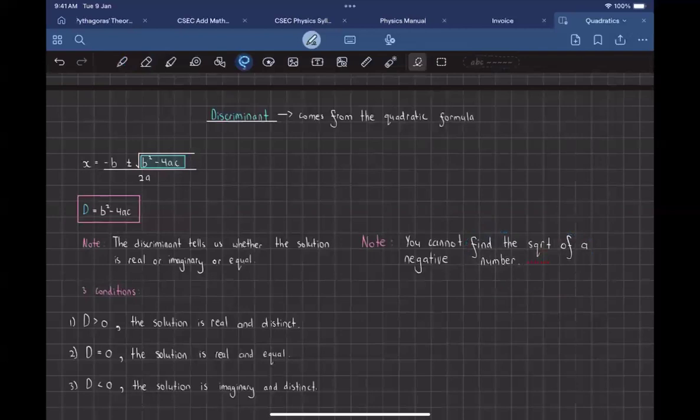After the plus or minus, inside the square root. Right. And because that is the case, it tells us right away if we can solve it or we can't solve it, because you have to find the square root of a negative number. Perfect.